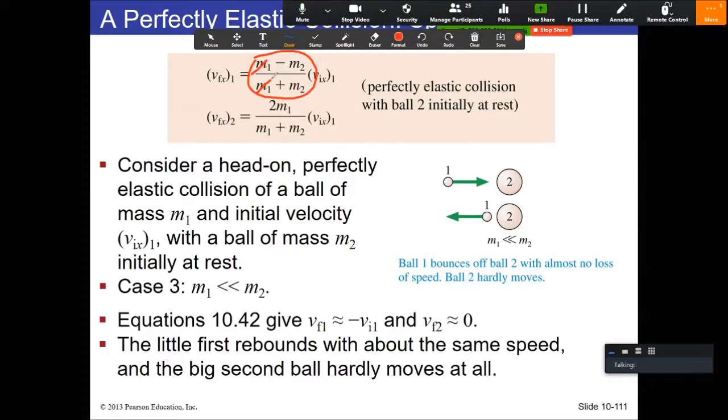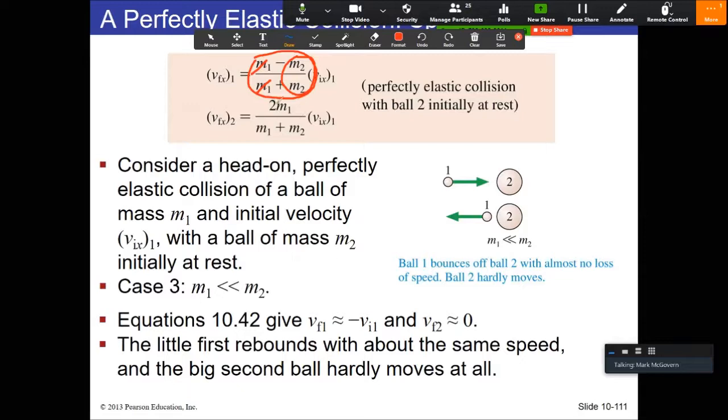Don't do that. What I'm saying is that it's so small that when you subtract or add, you effectively still get this stuff here. So you are ignoring it. What you get for the velocity of ball 1 is a -1. This ratio becomes -1 if m1 is very, very small. And so what that says is whatever the incoming velocity is, the ball will bounce off and go the other direction with the same speed.